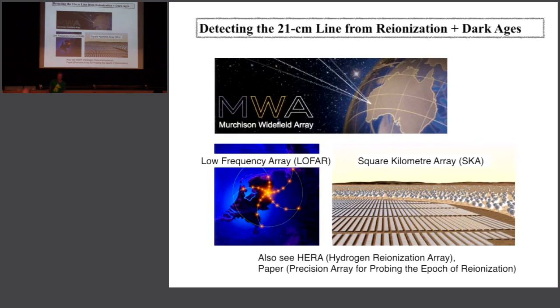But detecting the 21 centimeter line from this very distant universe, at redshifts 6 up to 20, is one of the main science drivers behind many low frequency arrays that are currently being built, including the Murchison Widefield Array in Australia, LOFAR here in Europe, and in future, the Square Kilometre Array in South Africa and Australia. And there are others, such as HERA, the Hydrogen Epoch of Reionization Array, or PAPER, the Precision Array for Probing the Epoch of Reionization. So there's a whole bunch of these arrays that are really trying to detect this particular line.